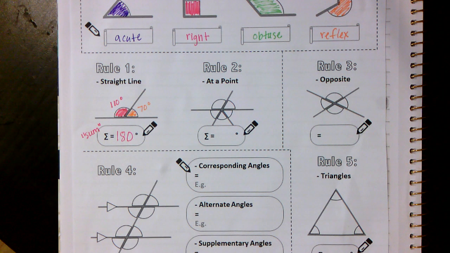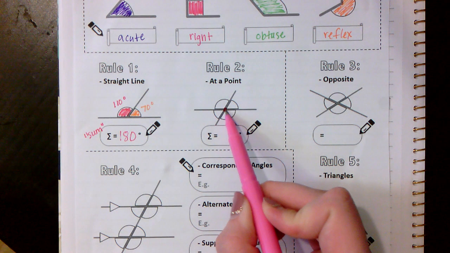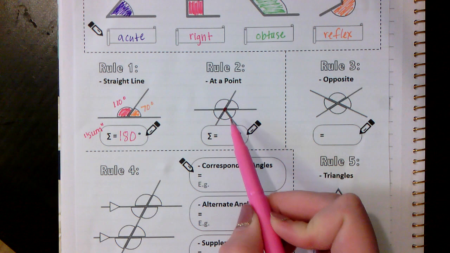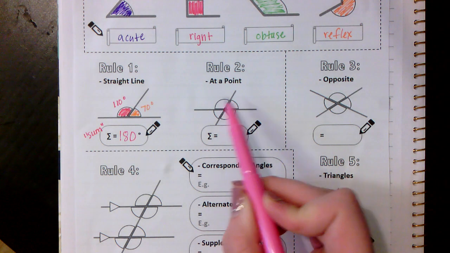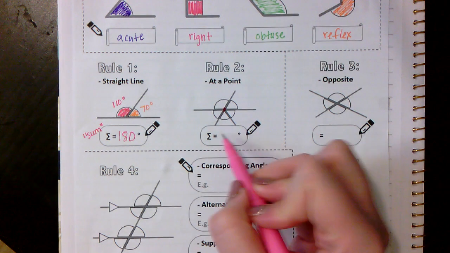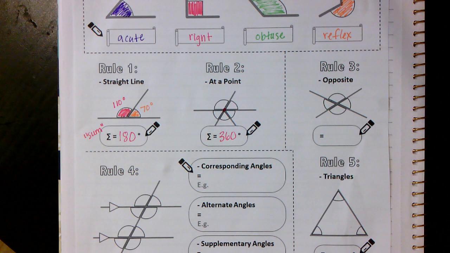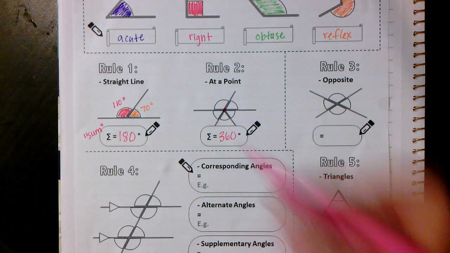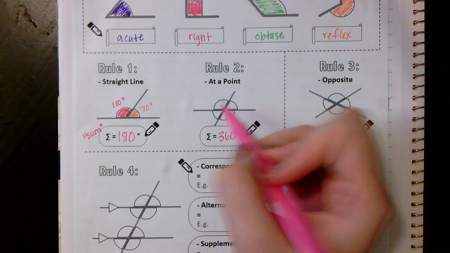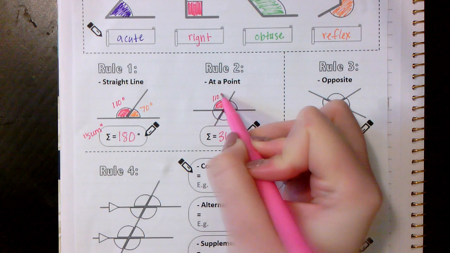The second rule you have is if you're talking about a specific point and you're making angles off of a point, those are going to be angles that all together form one big circle or one big pie, which means the sum of those are going to be 360 degrees. Okay? So, for example, we could make these all different degrees. Again, I'll make this 110, like the first example.